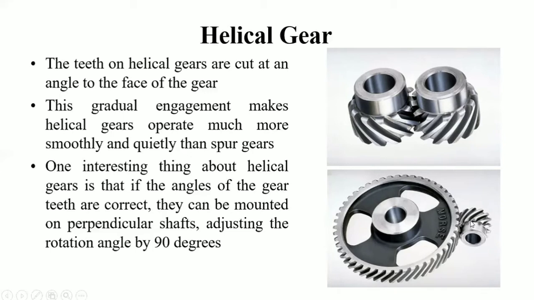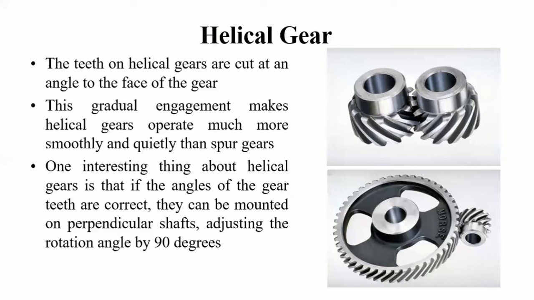The helical gear may be of single helical type or double helical type. In the case of the single helical gear, there is some axial thrust between the teeth, which is the disadvantage of this helical gear.